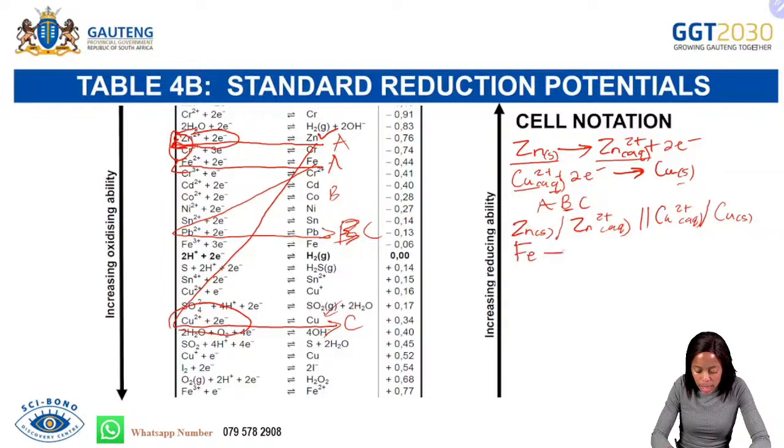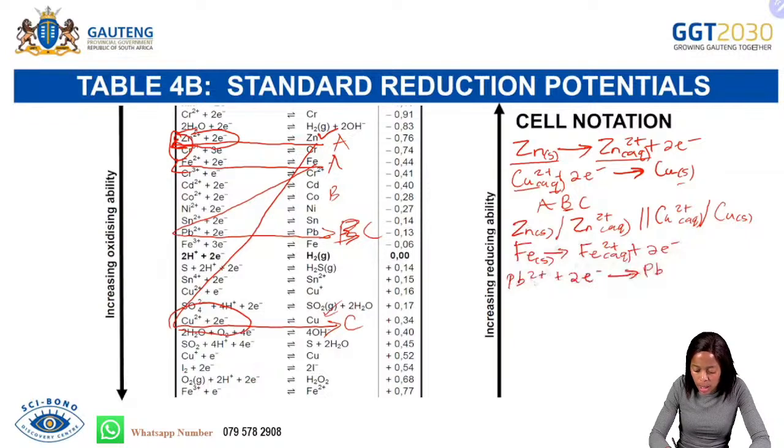So it's going to be the iron to give us Fe2+ plus 2 electrons. On the left we don't have a charge, so it's solid. On the right we have a charge, so it's aqueous. The lead represents the cathode. For the cathode, we copy and paste, so it's going to be Pb2+ plus 2 electrons to give us Pb.